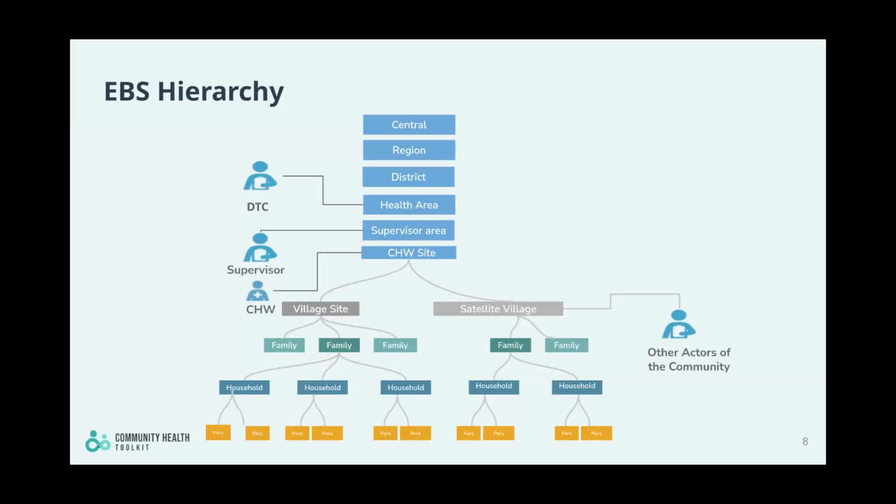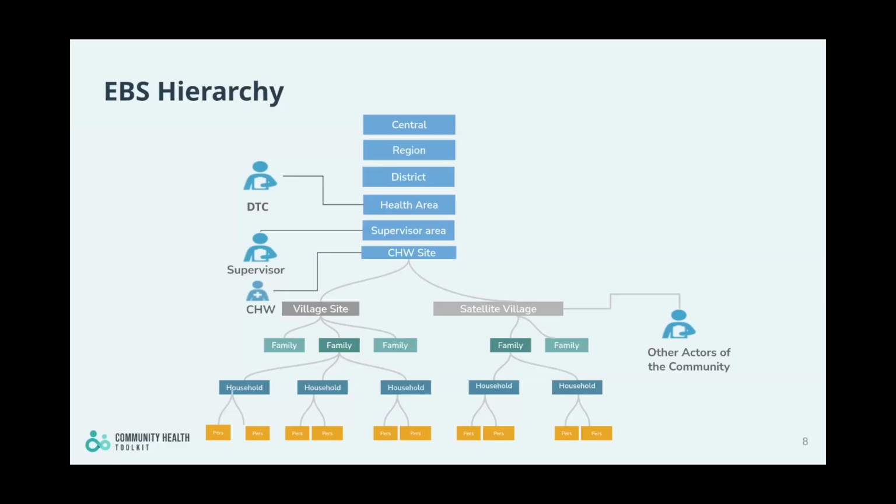Then you have the supervisor area, which is the supervisor of the CHWs, who manages all the CHWs when they report cases, or gives them advice. And then you have the CHW site. Each CHW in the community is assigned to a site or a village.